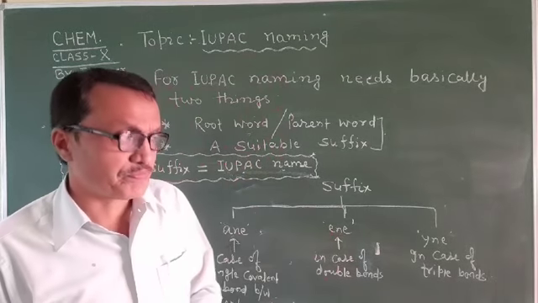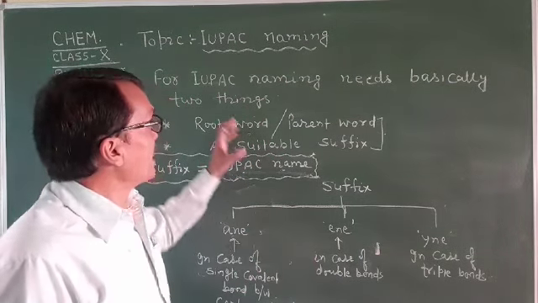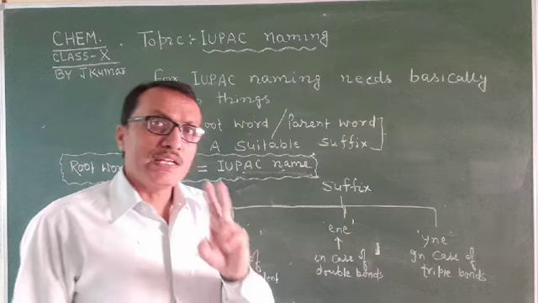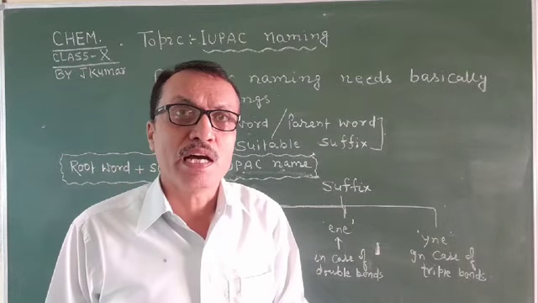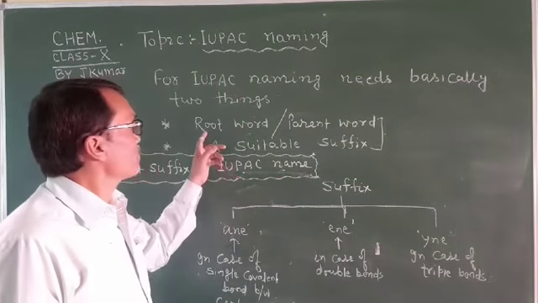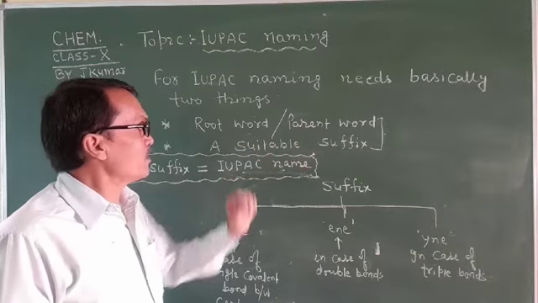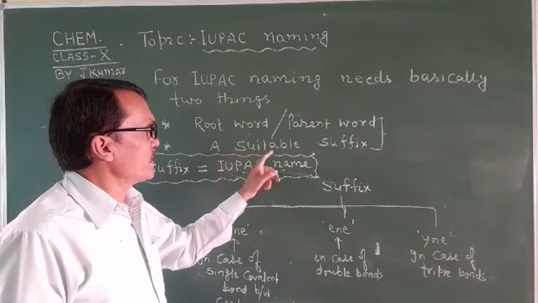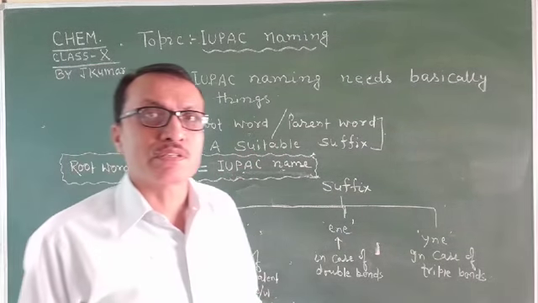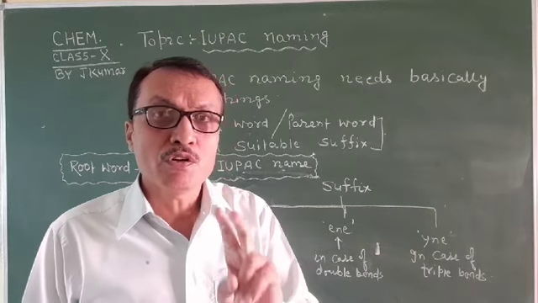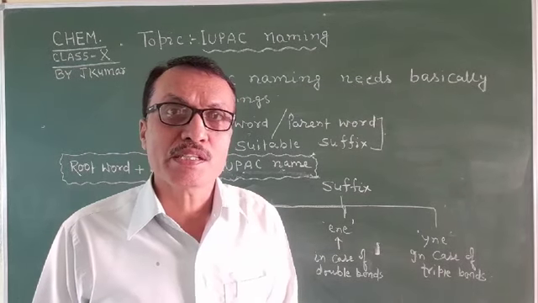Okay students, for IUPAC name, basically two things are required, and these two things are root word or parent word, and second one is a suitable suffix. These two things basically we require for IUPAC name.